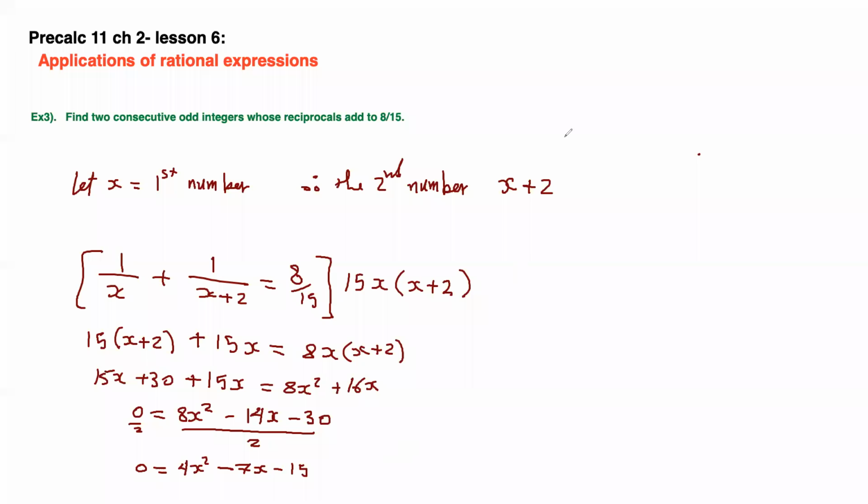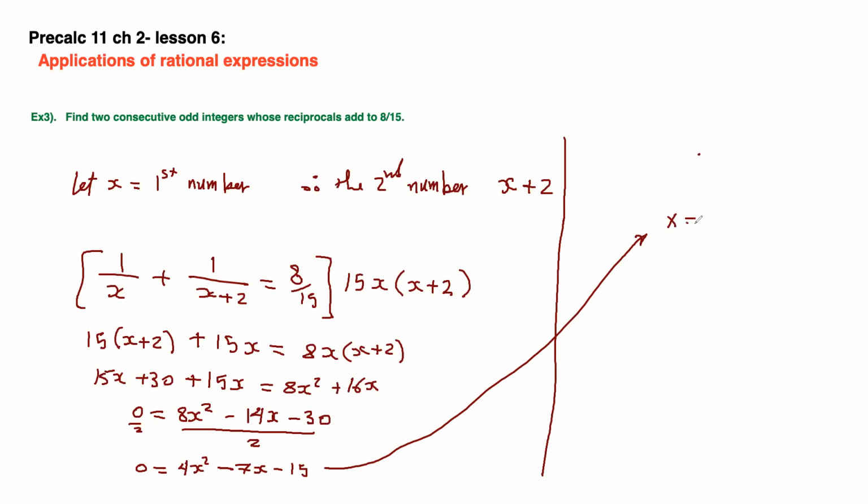Now I'm just going to take this up there. So now we're looking for two numbers that multiply to give me negative 60 and add to give me negative 7.